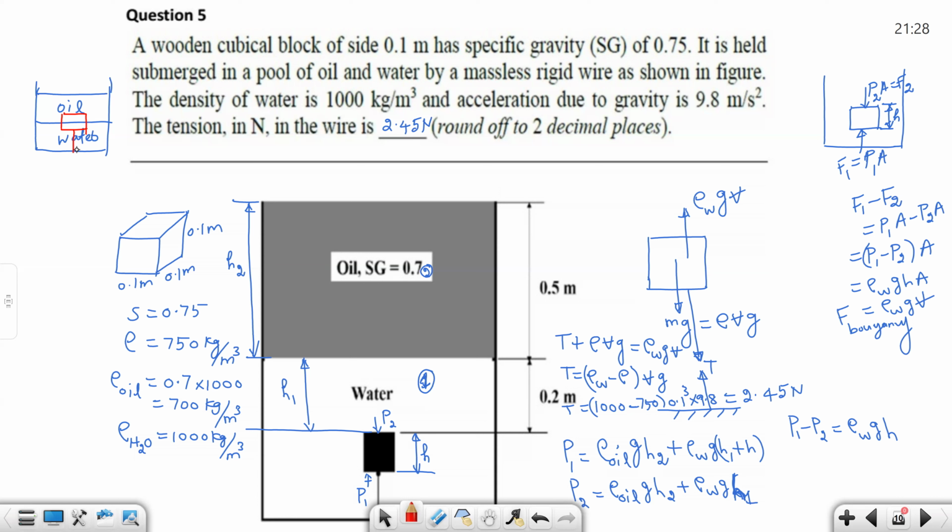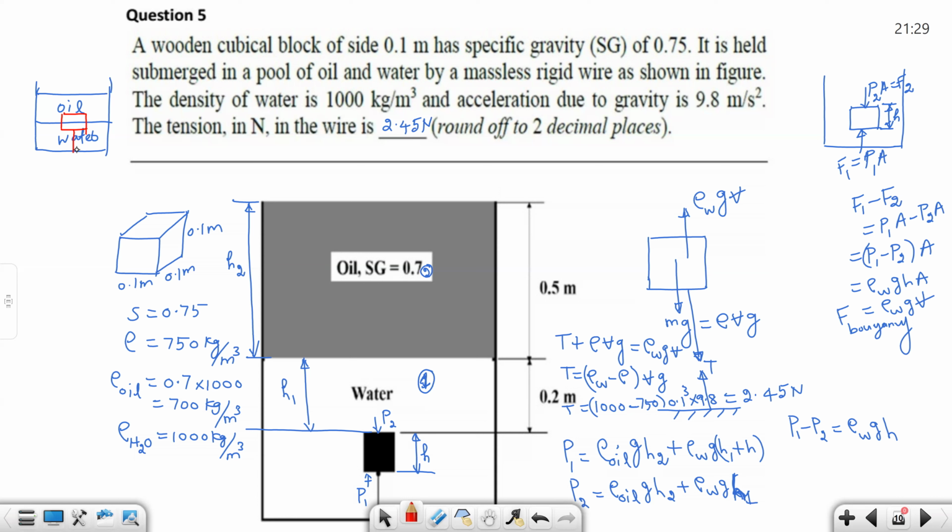You have to see the volume immersed in the oil and the volume immersed in the water; both will exert a buoyancy force. But in this case, it is completely inside the water, so the oil has no influence on the buoyancy force.